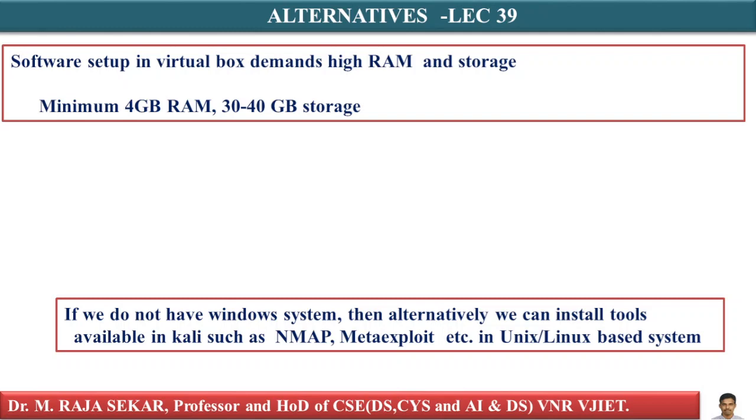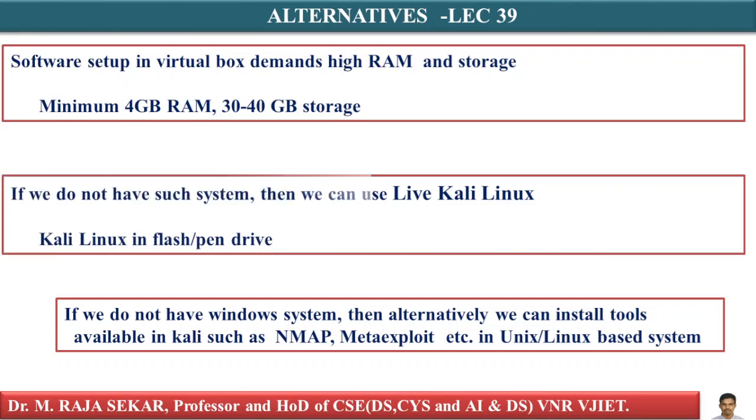The reason is simple: when you are using VirtualBox, it is very easy to use, but the software that you are installing inside the VirtualBox needs high main memory as well as secondary storage. Typically, you need a minimum of 4 GB of RAM, isn't it?